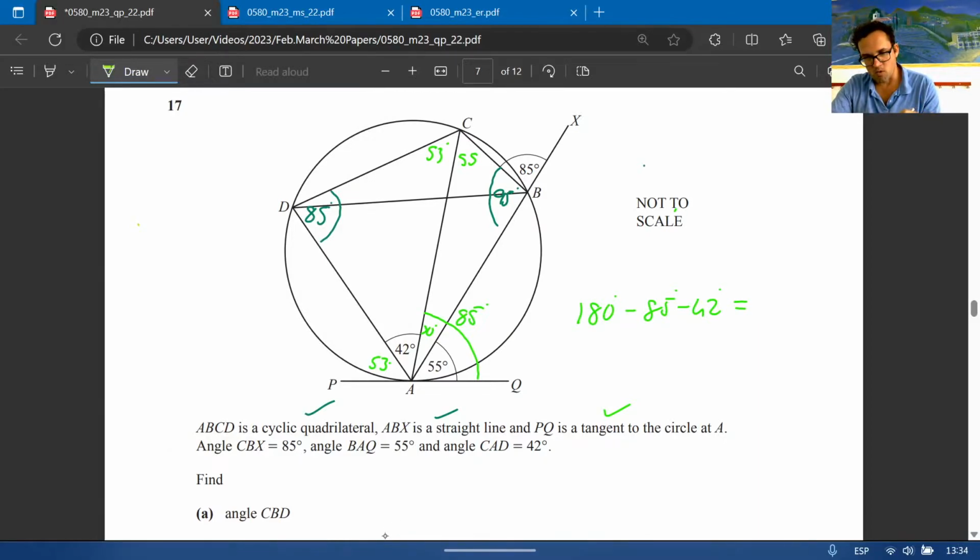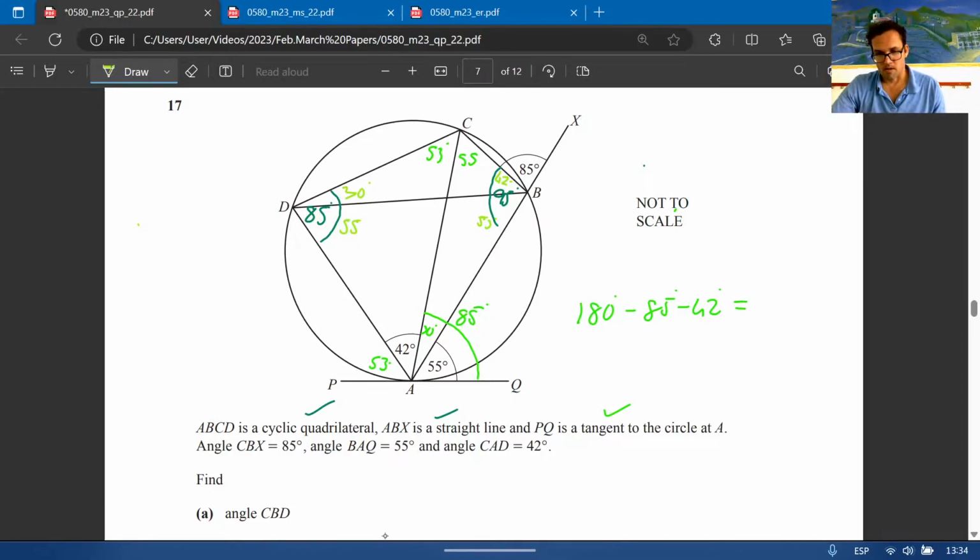AB is the same chord that stretches there, so that's 55. This is 42, that is 42. This is 53, that is 53, which add up to 95. Excellent. This is 30, that's 30, which adds up to 85. Everything makes sense.